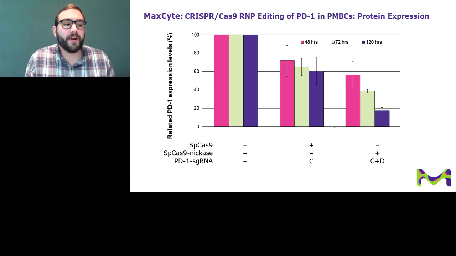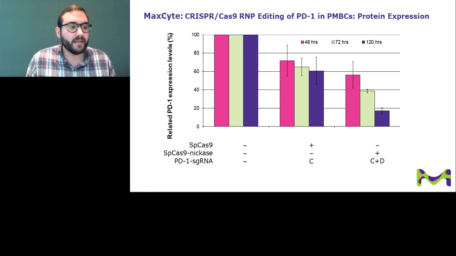We worked with our collaborator, MaxCyte, to perform PD-1 immunostaining and flow cytometry analysis to determine the expression levels of PD-1 after being edited with SP-Cas9 with our paired Nickase system. In triplicate, they transfected RNPs into cells with their flow electroporation system, let the cells recover, and performed analysis at 3 time points.